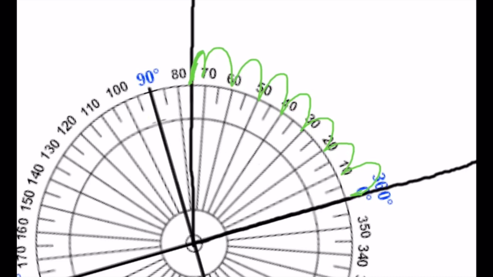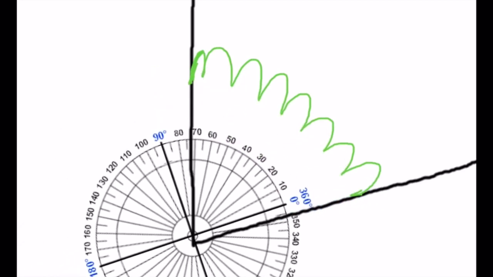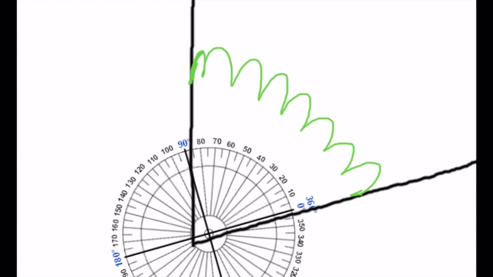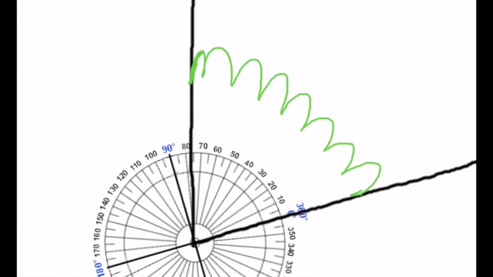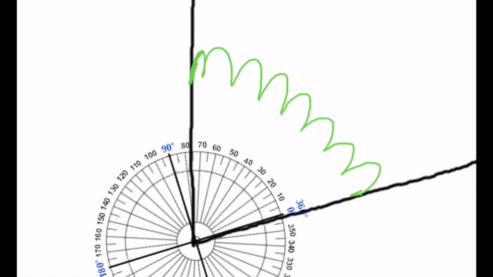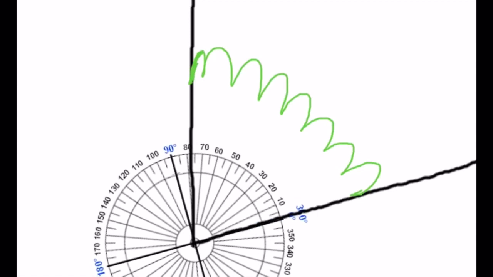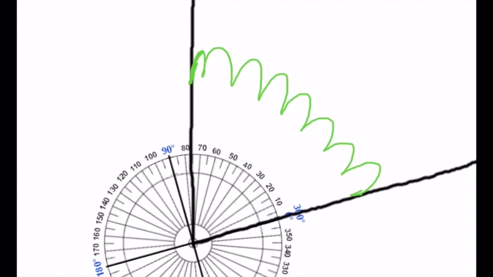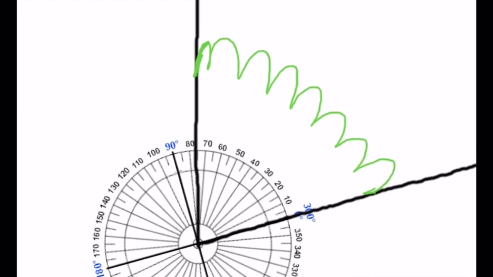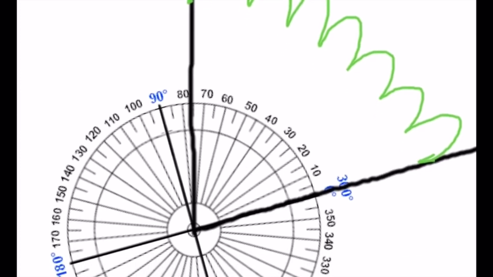Now the cool thing is, if I shrunk my angle down, all right, so we now know that the answer is 75 degrees, but if I shrunk my protractor down, I mean, and I measure that right there, now you can see that the angle, and I'm going to have to zoom in, even though I shrunk my protractor, I still get the exact same measurement of my angle reading.